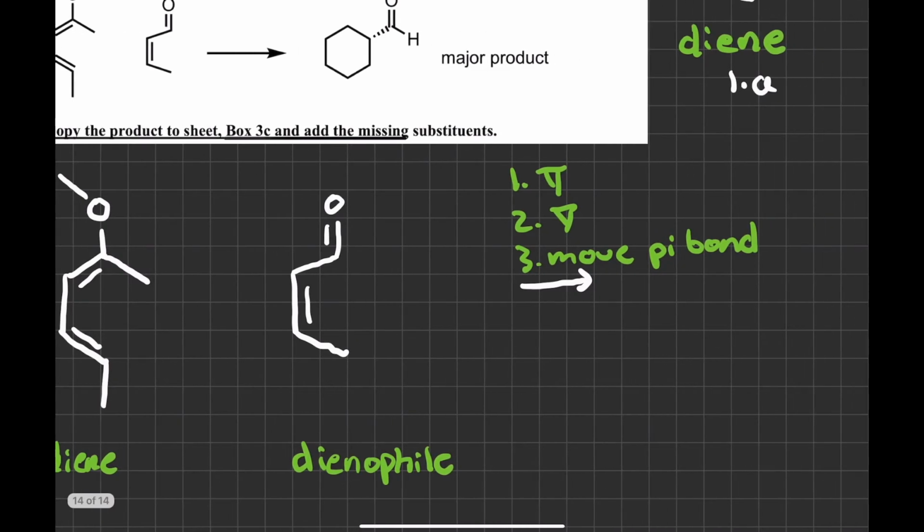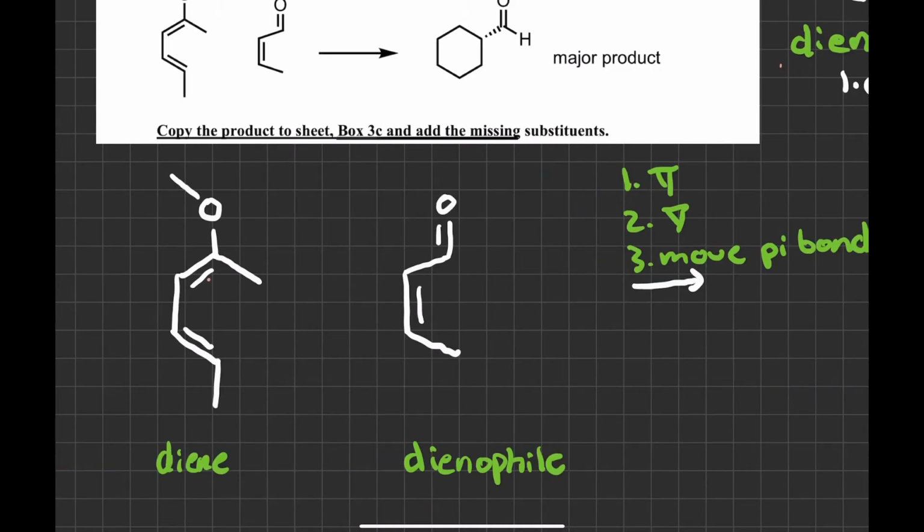So we will still follow the same steps listed in the previous question, where first a new sigma bond is formed, another sigma bond is formed, and we just simply move a pi bond. This pi bond right here will move over here to form a new sigma bond to connect the diene and dienophile.